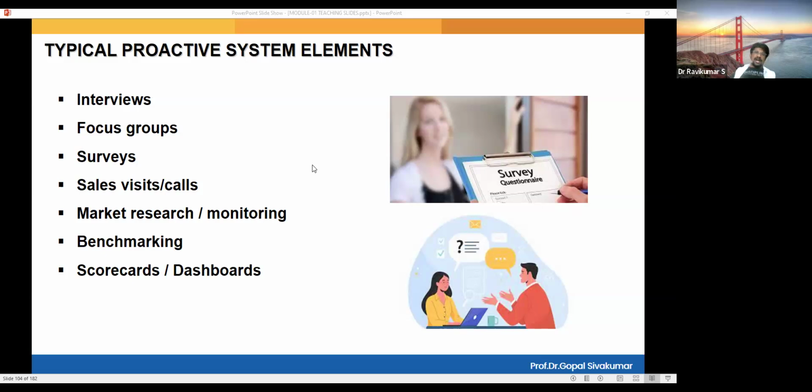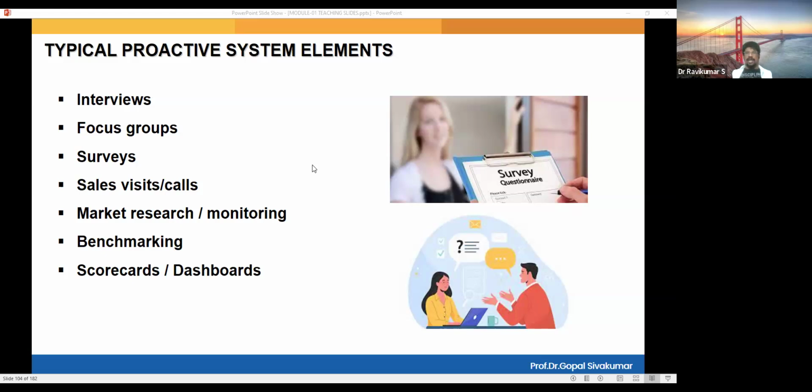Then scorecards. What are scorecards? Dashboards. The customer will be able to deliver that online. That is a simple way of delivering the feedback.